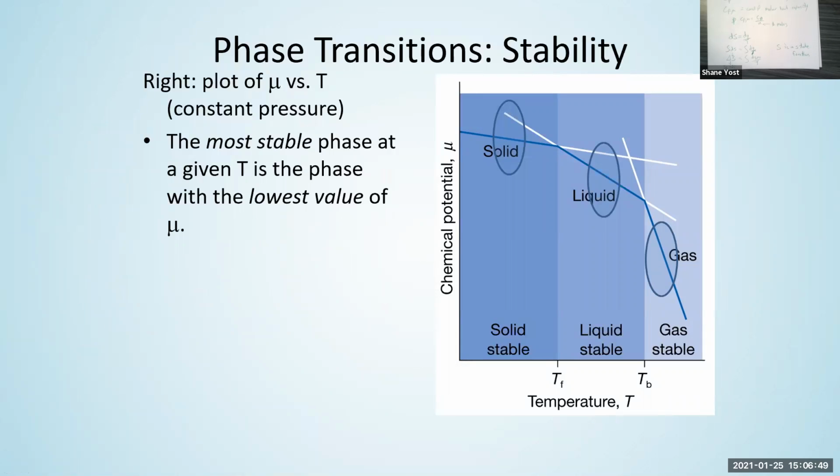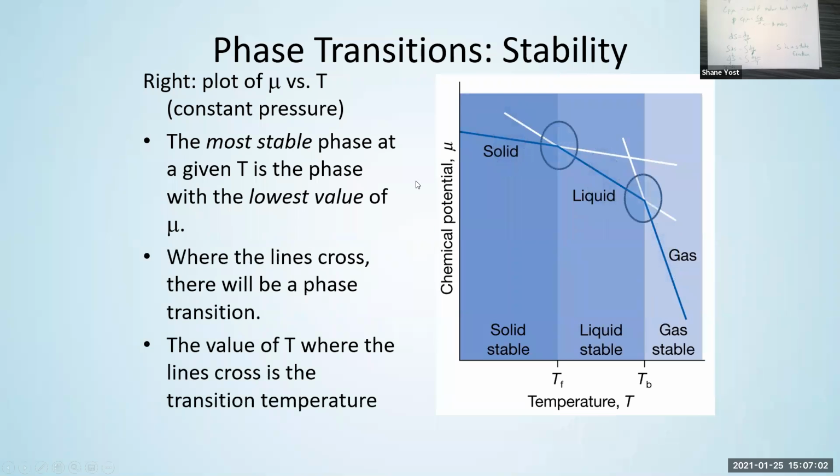So if I were to plot the chemical potential of the substance in different phases at different temperatures, I'd get the following 3 plots here. The first line is the chemical potential for a solid, the second line is the chemical potential for a liquid, and the third line is the chemical potential for a gas.